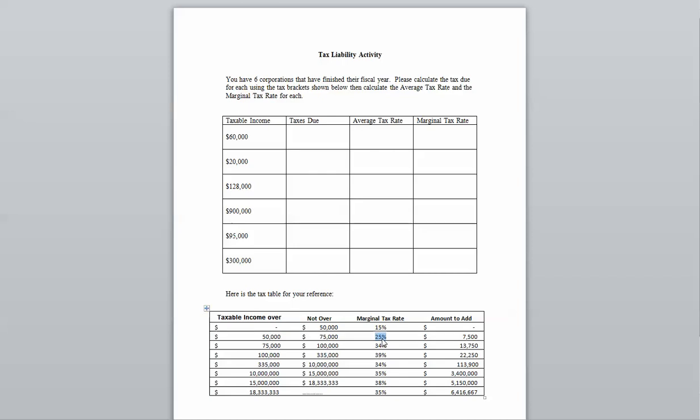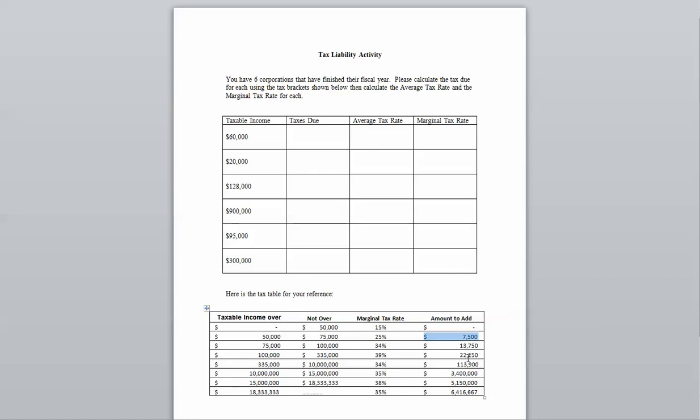So that's the tax rate in our bracket. So the 60 less the 50 multiplied by 25% gives us 2,500. Okay, that 2,500 is then going to be added to 7,500, the amount to add.